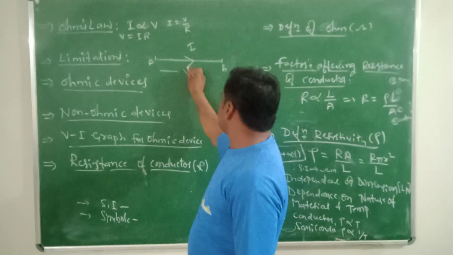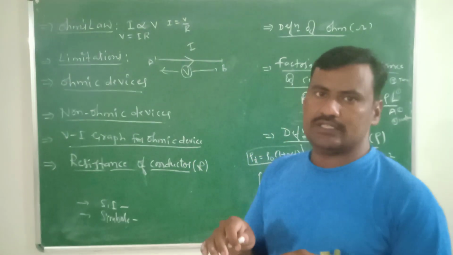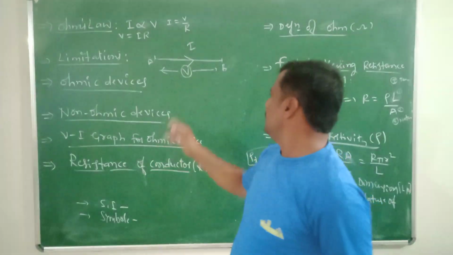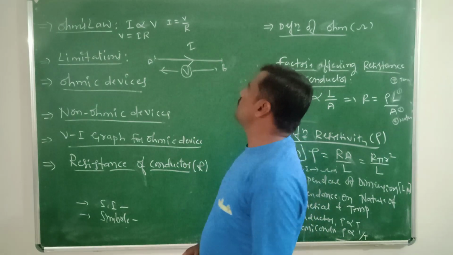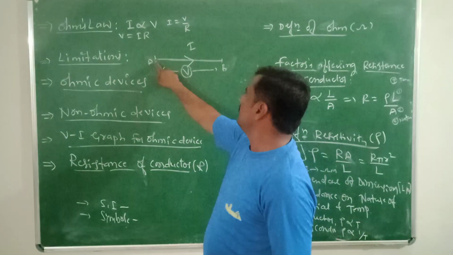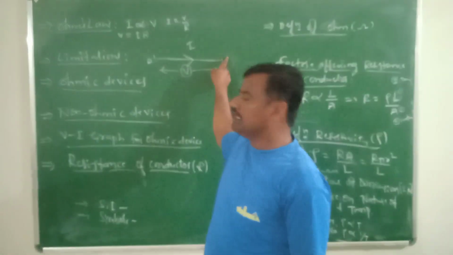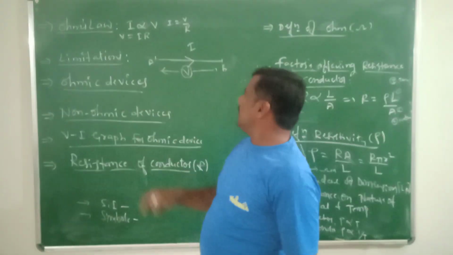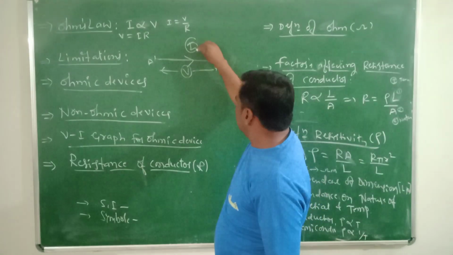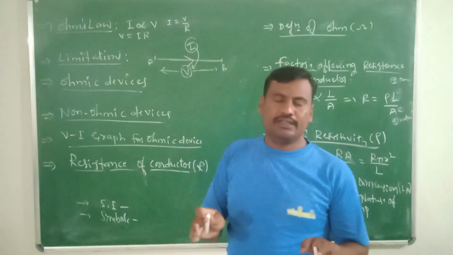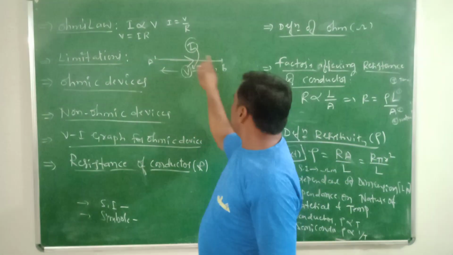In between these ends, suppose I am applying a potential difference. V amount of potential is applied between the ends of the metallic wire. Now, according to Ohm's law, the current flowing through this current carrying metallic conductor is directly proportional to the potential difference between the ends of the conductor.